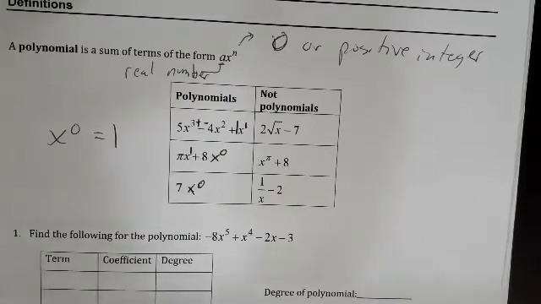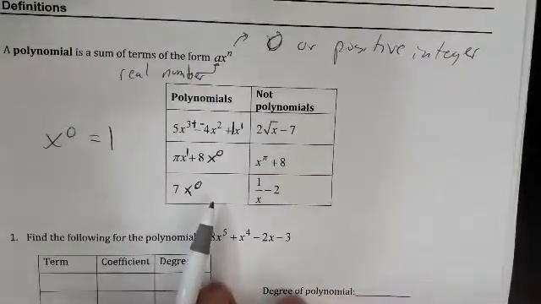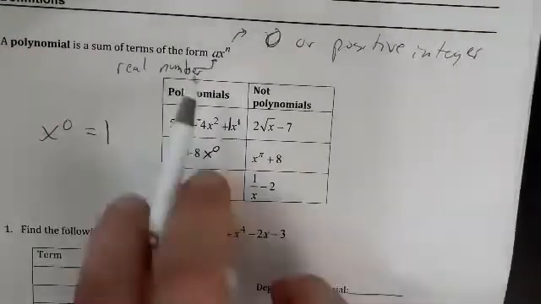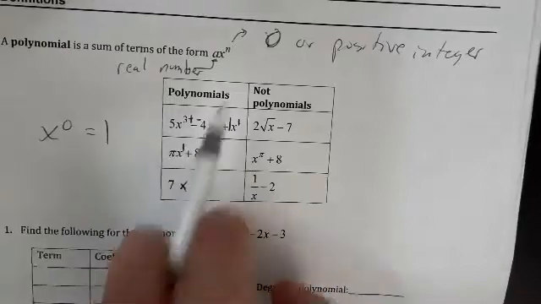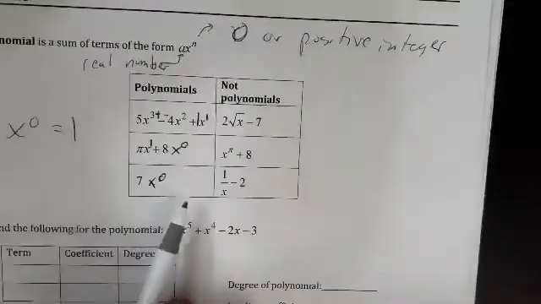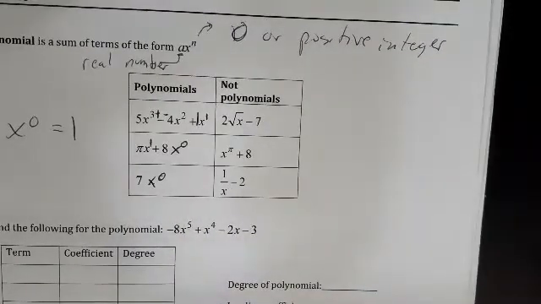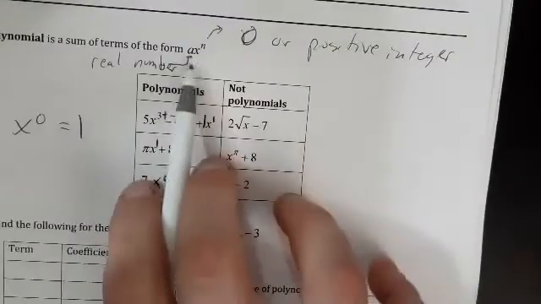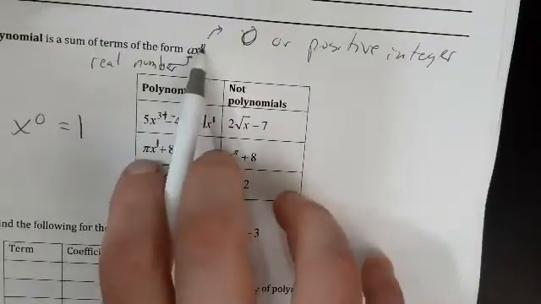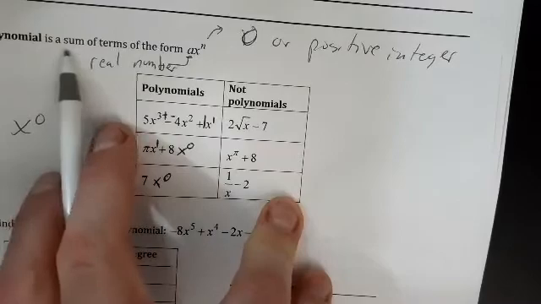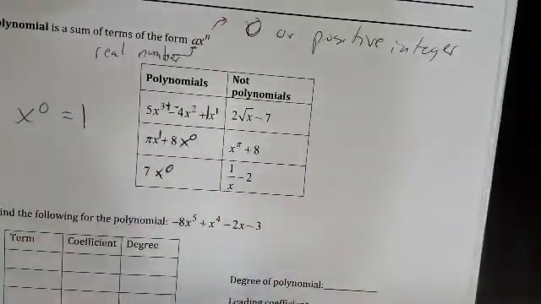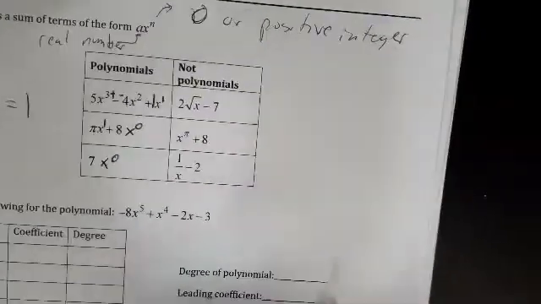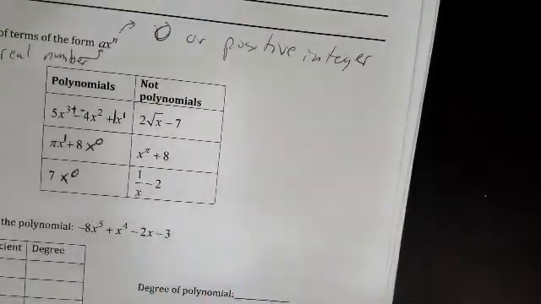And so these are things that are polynomials. Hopefully we did a good job of covering why those are polynomials and why it fits this definition. We have terms that look like this that are separated by sums, which means addition or subtraction if your a is negative. Okay. Why are these not polynomials?